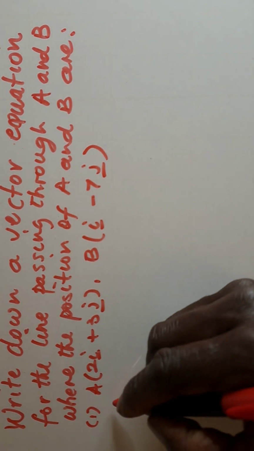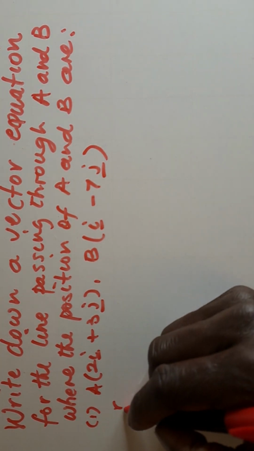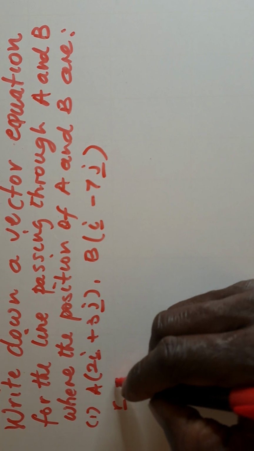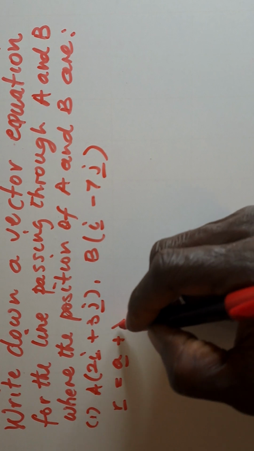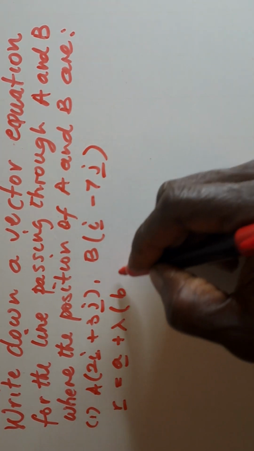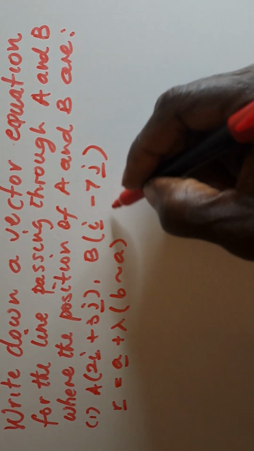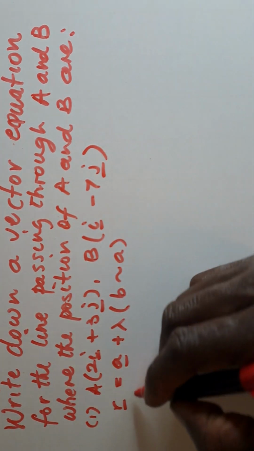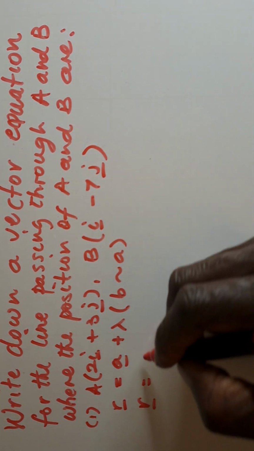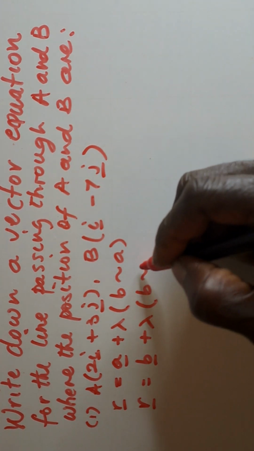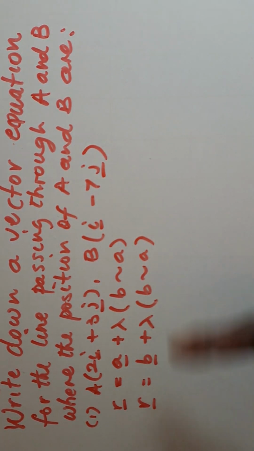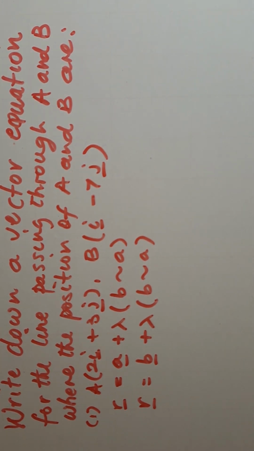The two structures of the forms are r equals a plus lambda d, and the other version is r equals b plus lambda d. And these two produce four different forms.